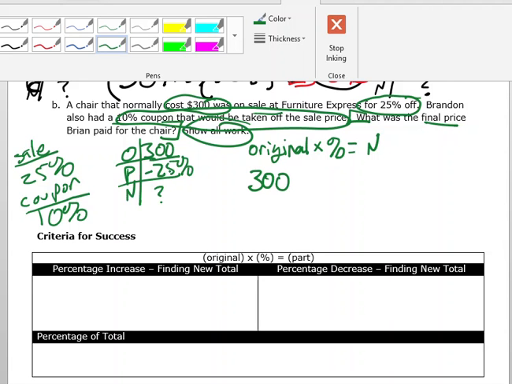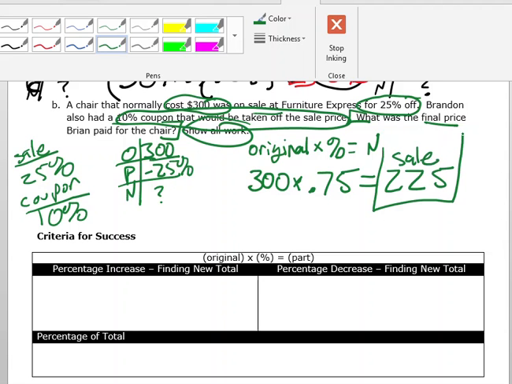If it's 25% off, that means I'm paying 75% of that original price. So I have 300 times 0.75, and that's going to give me 225. So the sale price here is 225.